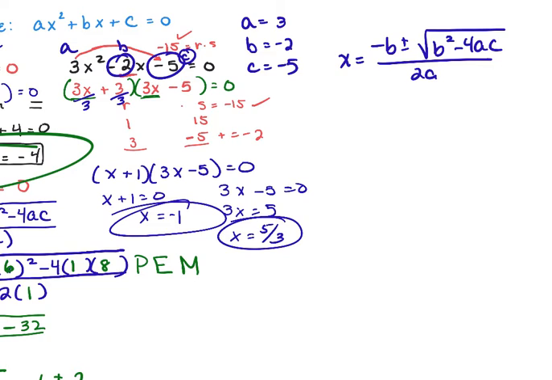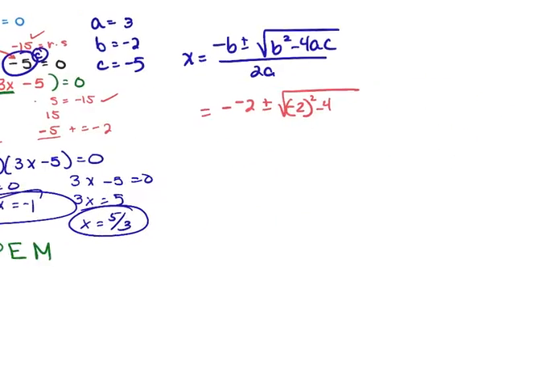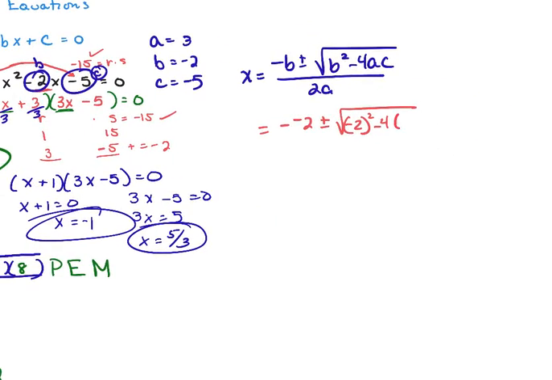Now, substitution. So we go negative of negative 2. Negative 2 squared minus 4 times a, which is 3, times c, which is negative 5, all over 2 times a, 2 times 3. So there's my substitutions. There's my b squared, there's my a, my c. Let's clean this up.